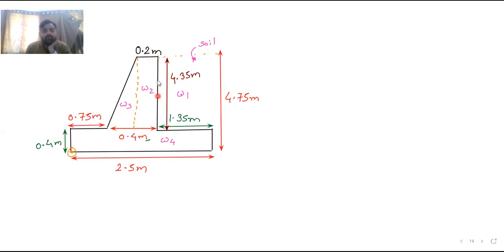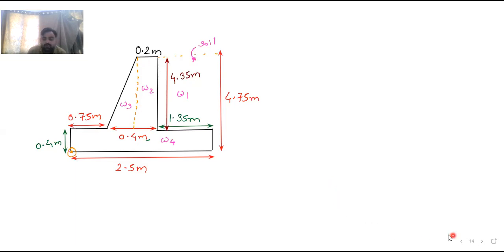So 0.2 by 4.35 is the dimension of the rectangle. Then the centroidal force of this rectangle will act from the center. This is 0.2, so the center will be at a distance of 0.1. So 0.1 plus 0.2 plus 0.75, that will be the distance.